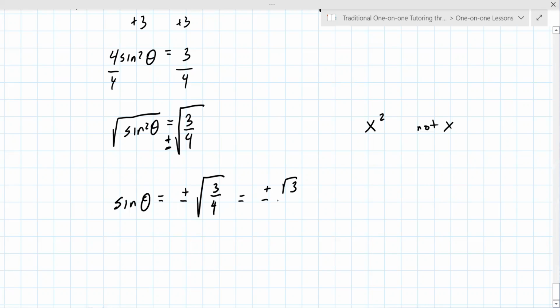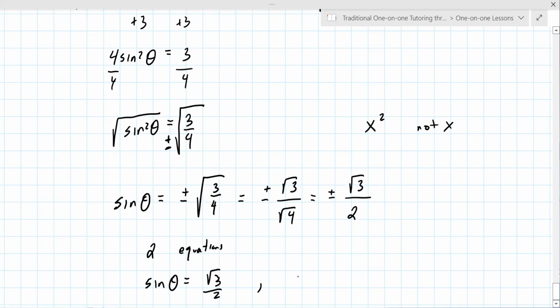Square root of 3 over square root of 4. Square root of 3 is unknown, but square root of 4 is 2. So there's really 2 equations that you're solving now. Sine theta equals positive square root of 3 over 2. Sine theta equals minus square root of 3 over 2.